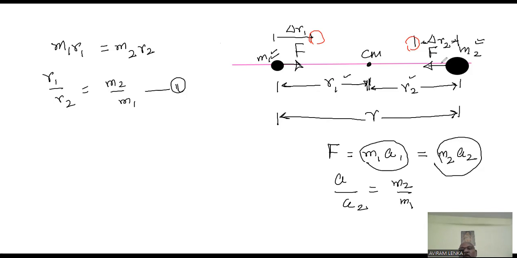So before M1 and M2 start to move, at the initial instant they are at rest, so the center of mass will be at rest. When M1 and M2 start to move towards each other, the center of mass asks why they are moving. M2 says M1 is pulling me inwards, and M1 says M2 is pulling me inwards.